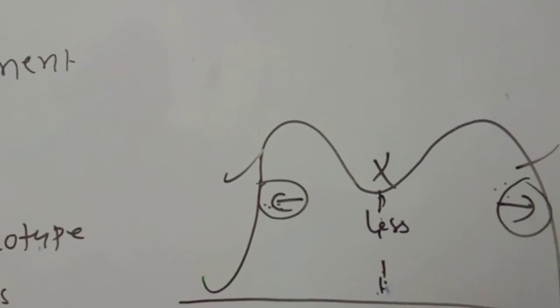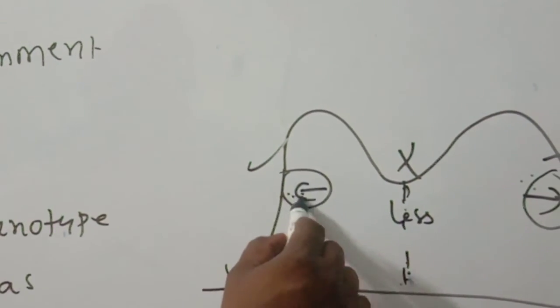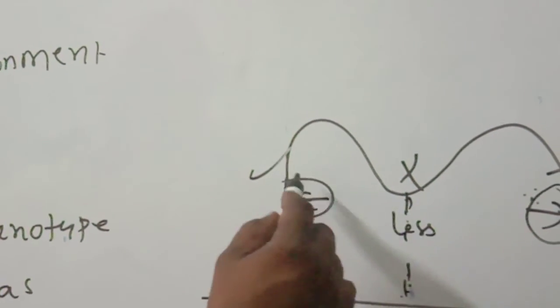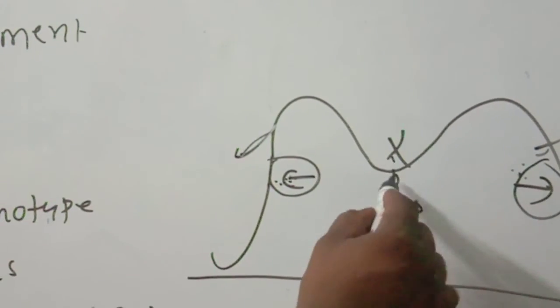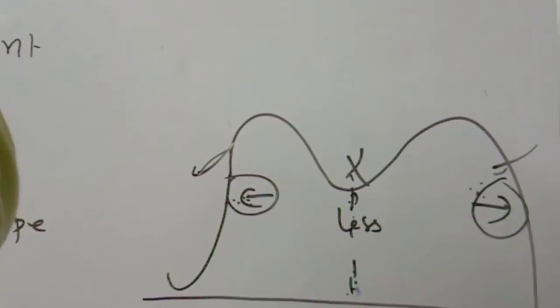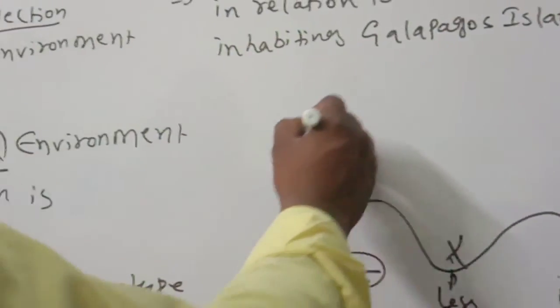So this is a rare selection. Darwin finches with big size in relation to seed size change extremely to get the seed, so they survive. The moderate ones do not survive.